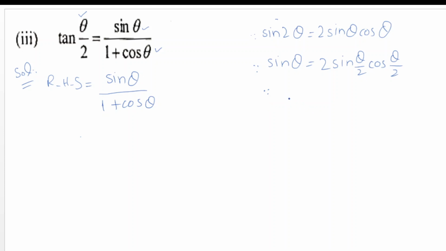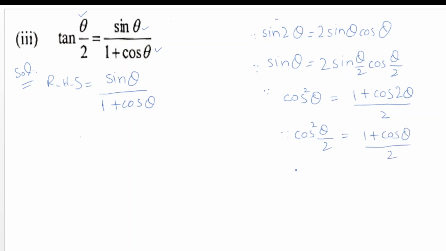You know the formula: cos square theta is equal to 1 plus cos 2 theta over 2. When I make it half, cos square theta by 2 is equal to 1 plus cos theta over 2.